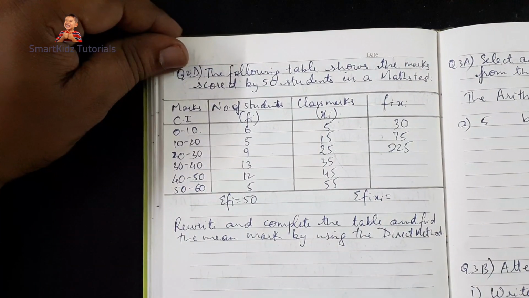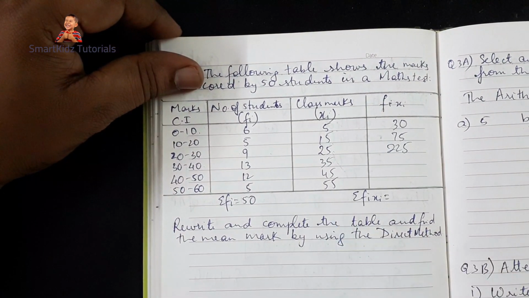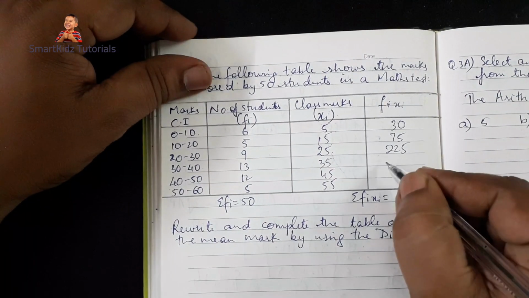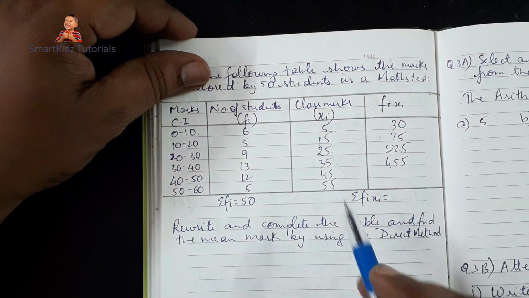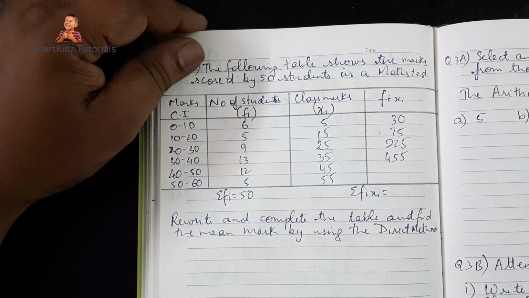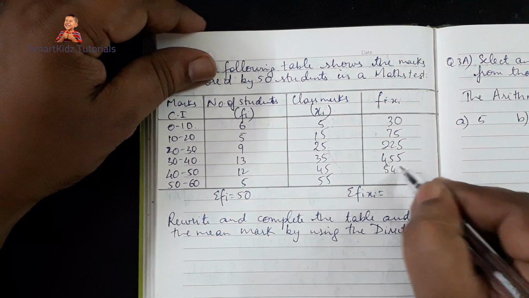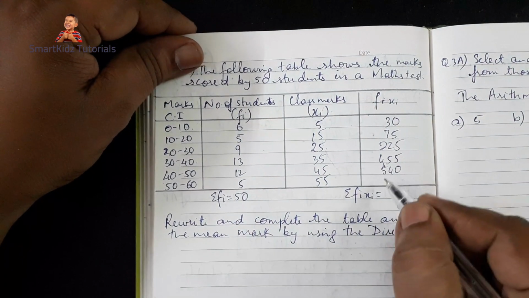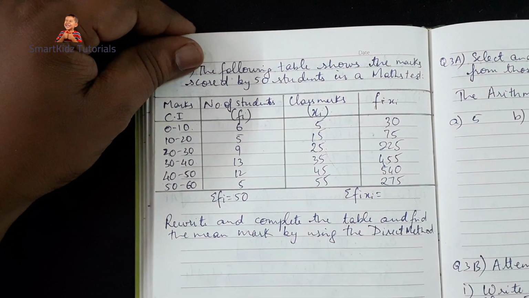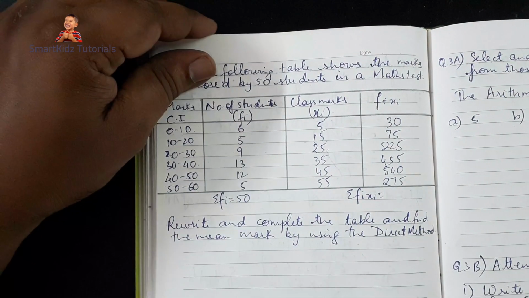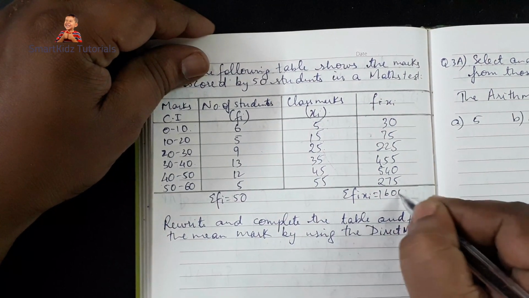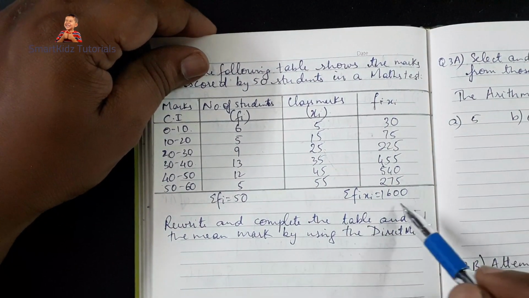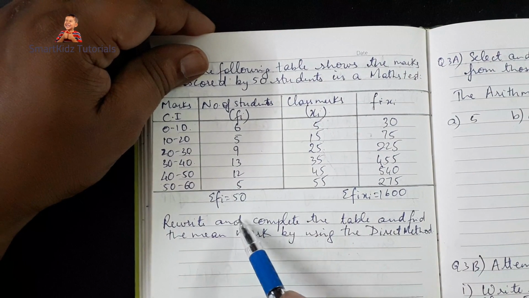Then 35 into 13 gives us 455. Then 45 into 12 will give us 540, and 55 into 5 will give us 275. If we add all of this, we will get 1600. Okay, so we've got the total here, and I've got the total over here as well.